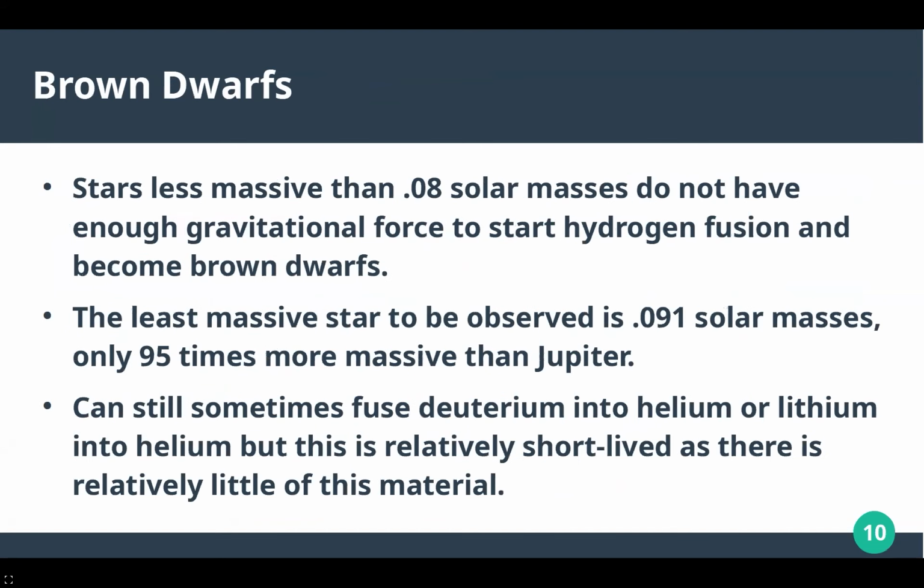Objects less massive than 0.08 solar masses do not have enough gravitational force to start hydrogen fusion and become brown dwarfs. The least massive star to be observed is 0.091 solar masses, only 95 times more massive than Jupiter. These brown dwarfs can still sometimes fuse deuterium into helium or lithium into helium, but this is relatively short-lived as there's relatively little of this material.